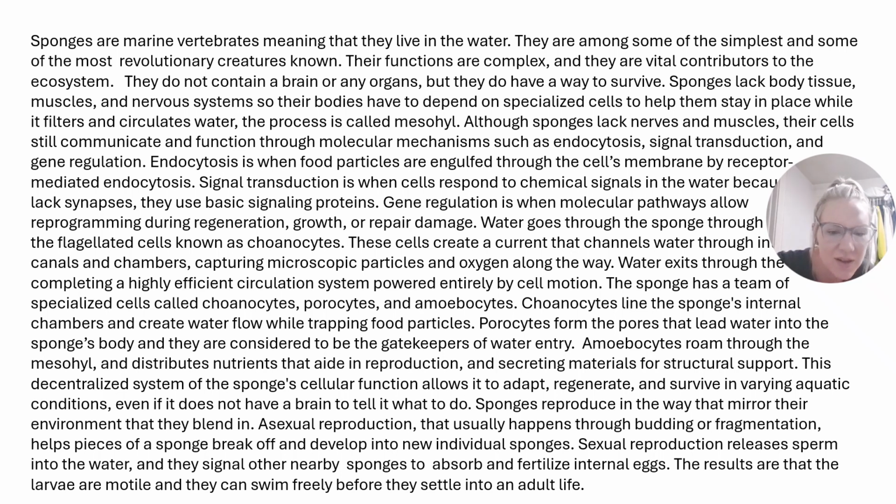Water exits through the specialized cells called conocytes, porocytes, and amoebocytes. The conocytes line in the sponge internal chambers and create water flow while trapping food particles. Porocytes form the pores that lead water into the sponge's body, and they are considered to be the gatekeepers of water entry. They just absorb and hold on to that water.